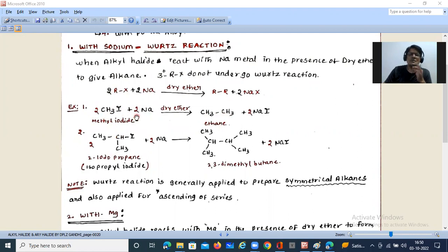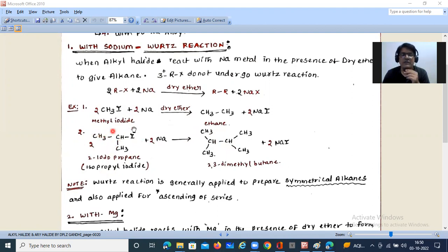That means 2 moles. We already know this at the class level. Next, second example, CH3 CH CH3 with iodine, that is 2-iodopropane, isopropyl iodide, with sodium in the presence of dry ether. Whenever the Wurtz reaction is followed, the substrate should be 2 moles.